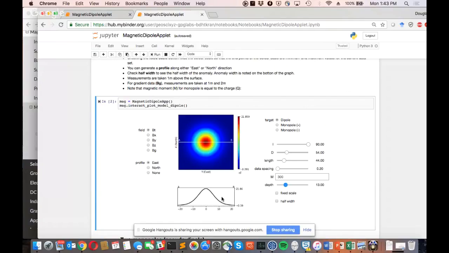One of the interesting characteristics of this is that I can compute the half width. If I compute the half width of this line here, I find that it is about 13 meters.